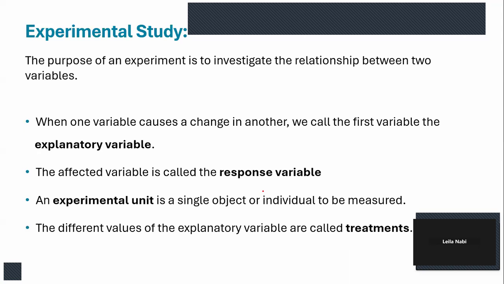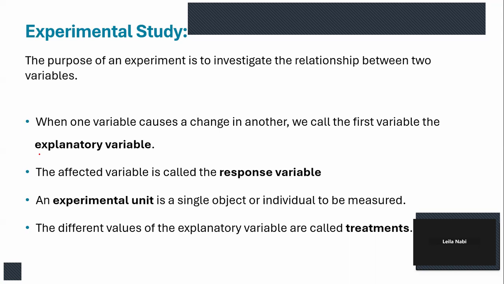So in any experimental study, the purpose of the study is to investigate the relationship between two variables. And these two variables are called the explanatory variable and the response variable. The explanatory variable is the variable that makes changes. And the response variable is the variable that is affected by the explanatory variable.